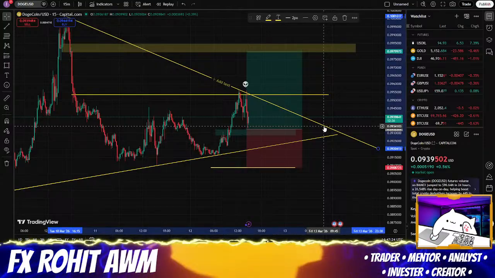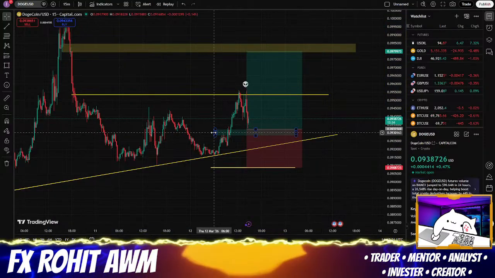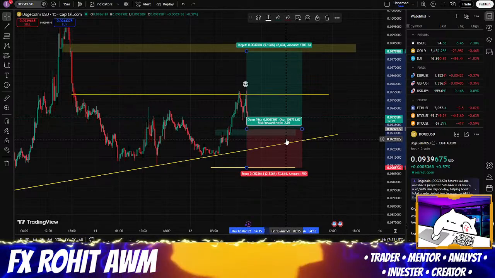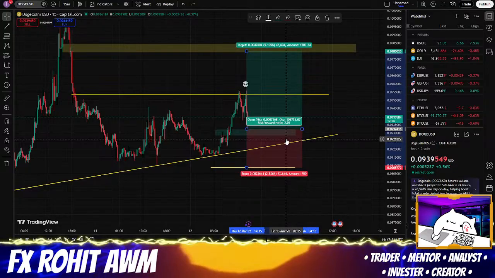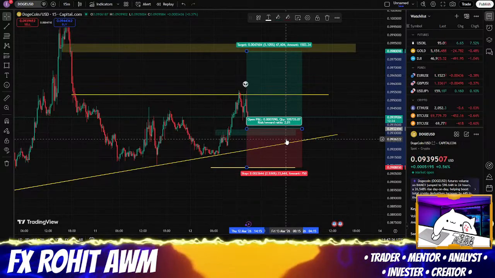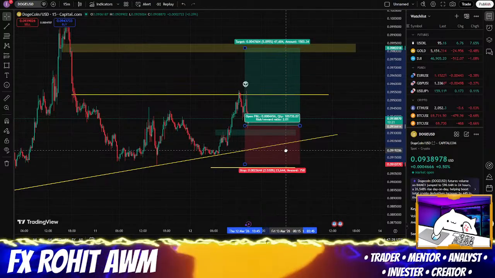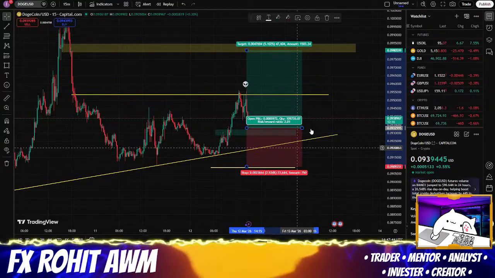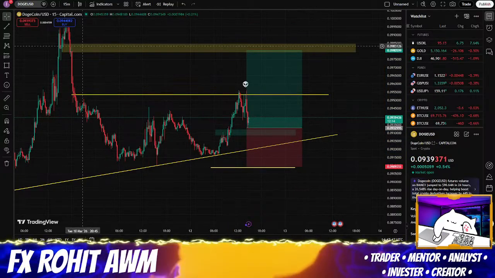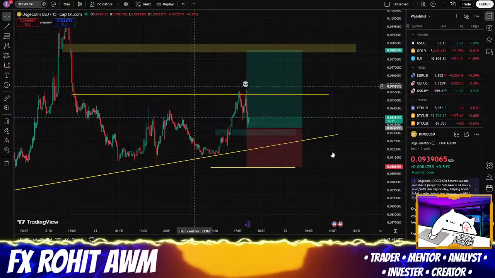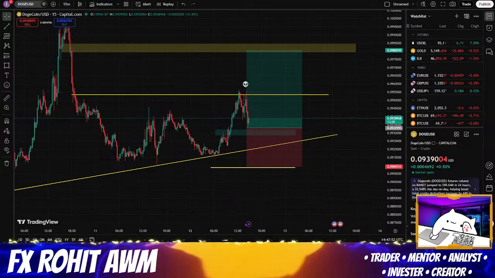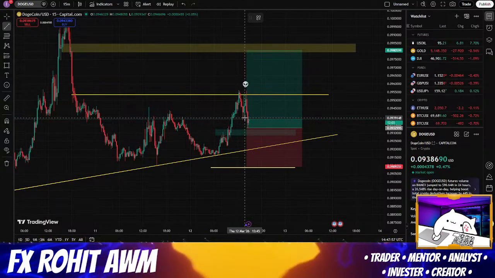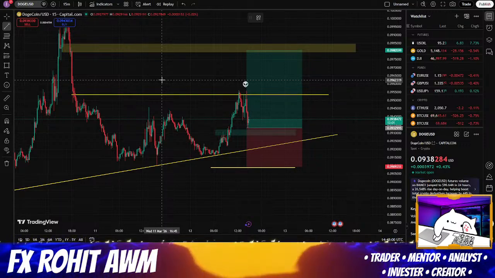Okay, so this is our entry module. So this is the dot to dot entry in Doge USDT.